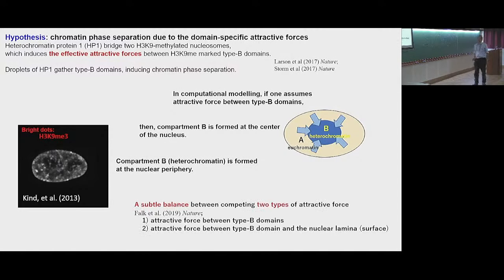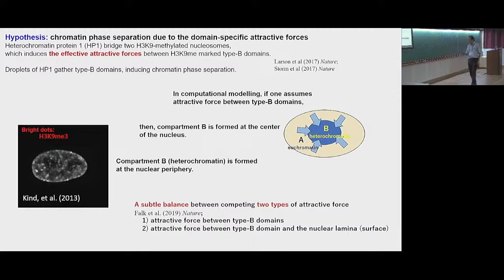So people resolved this contradiction by assuming two competitive types of attractive force. One is the attractive force between type B domains, as we discussed. And the other is the attractive force between type B domain and the nuclear lamina. Nuclear lamina is a protein mesh located inside, covering the inside of the nuclear membrane.